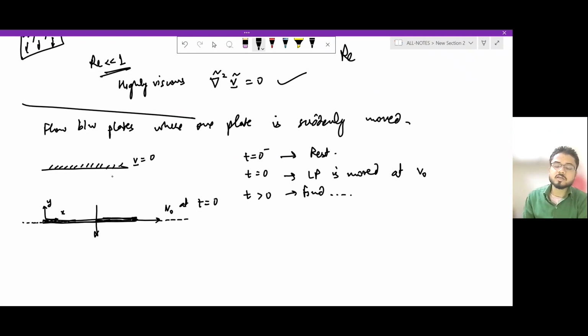How do we solve this? In earlier problems, the Navier-Stokes equations, the shell balances and momentum balances that we conducted, we always assumed that the steady state terms are 0. But in this case, can we assume that?